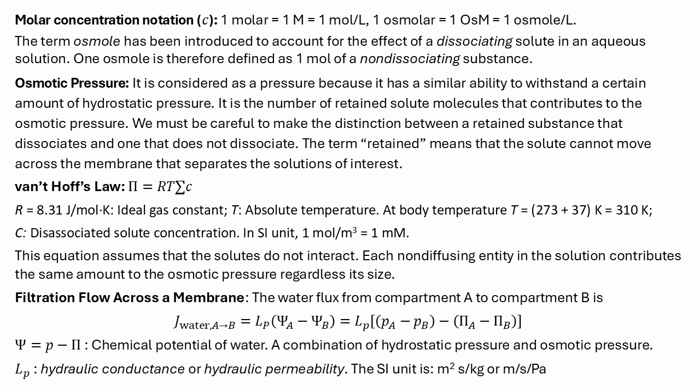Imagine a cell membrane separating two areas with different solute concentrations. Water will naturally move across that membrane to try and even things out. It flows from the area of lower solute concentration to the area of higher concentration, almost like it's trying to dilute the side with more stuff in it. So the greater the difference in those concentrations, the stronger that pull, that osmotic pressure.